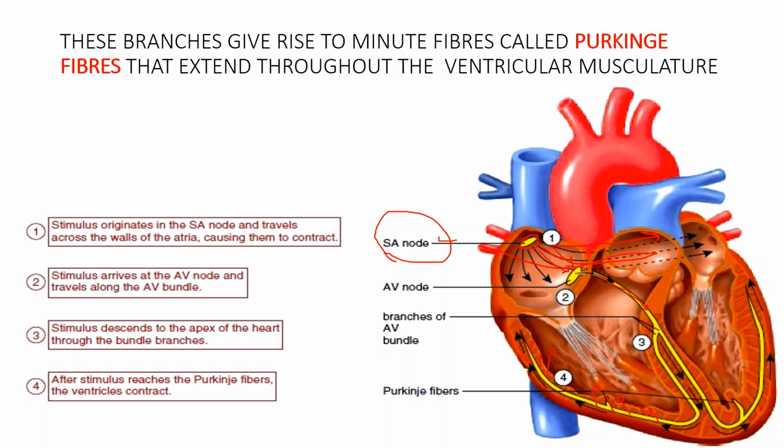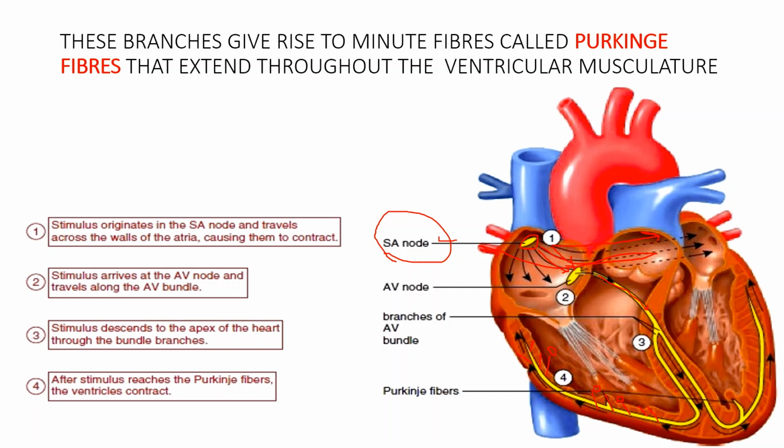So this is the conduction of the action potential by the nodal tissues. That's why nodal tissues conduct the action potentials. The heart conducting system is made up of modified cardiac musculature called nodal tissues.